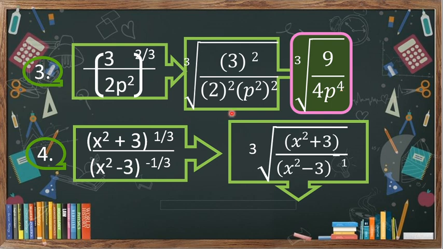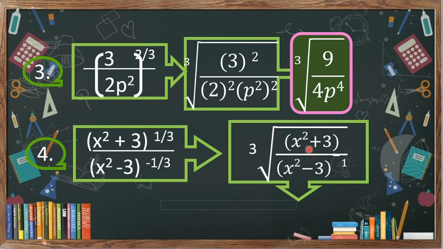Another. So this one shows a negative exponent. When we say negative, you're going to get the reciprocal of this quantity. Since this is in the denominator, you are going to put that in the numerator to make it a positive exponent. But before that, since they have the same denominator, their index is the same.